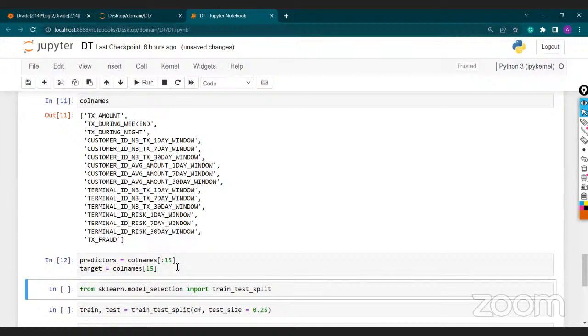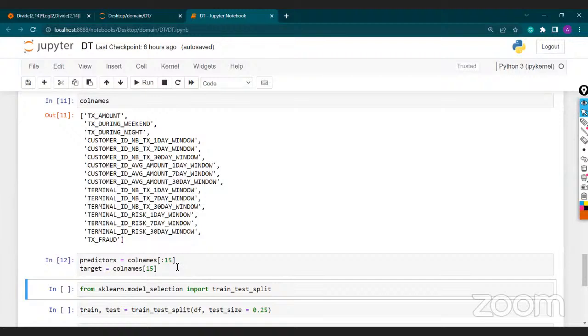So these target values and these predictor values are an X and Y variable. What we are doing here is instead of specifying the column names, we are saying that search these column names and wherever these column names match, you can consider that as a decision tree.